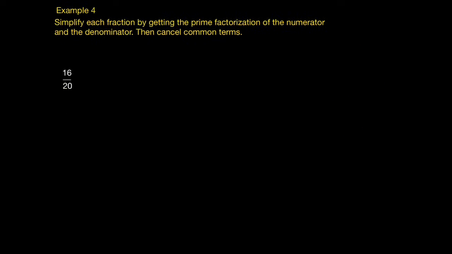Let's try one more. So now here we have 16 over 20, and we have to follow the same instructions here. Let's begin by getting the prime factorization of 16. So here I know that 16 is the same thing as 2 multiplied by 8. And here I have a prime in 2. 8, I can break that down into 4 times 2. So I have another prime right here on the right.